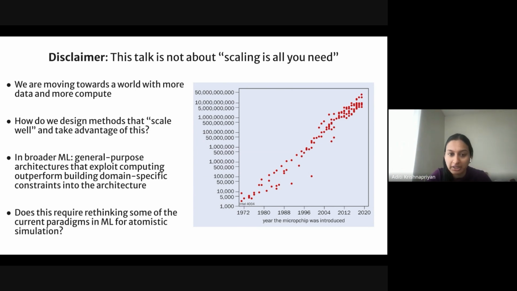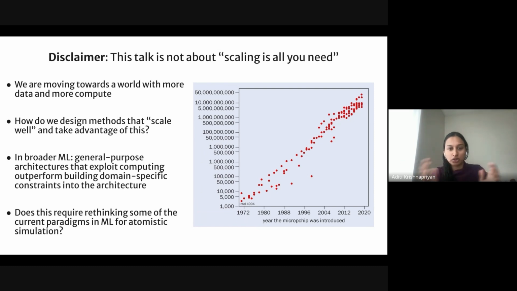One trend we've seen again and again in broader ML fields is that general purpose architectures that exploit computing tend to outperform architectures that build very domain-specific constraints into the architecture, especially in the long run.